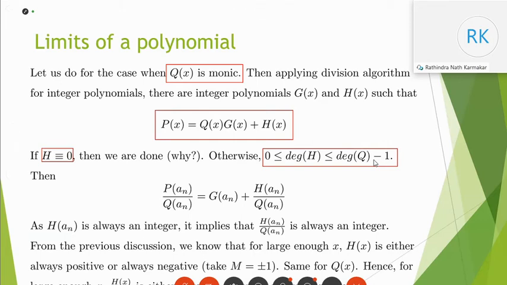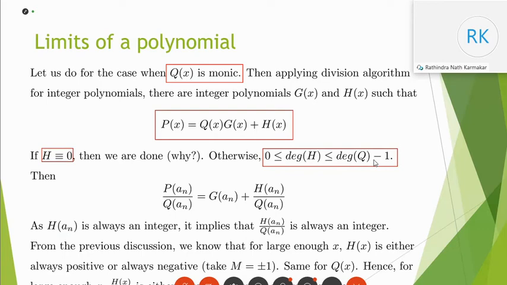Does the conclusion hold that p of n by q of n is an integer for every integer n? g of n is an integer, and why so? Because g is an integer polynomial, that is, it has all integer coefficients, and p of n by q of n will be g of n. So all coefficients are integers, the value we're taking is also an integer, so g of n is an integer, that's why p of n by q of n is an integer.